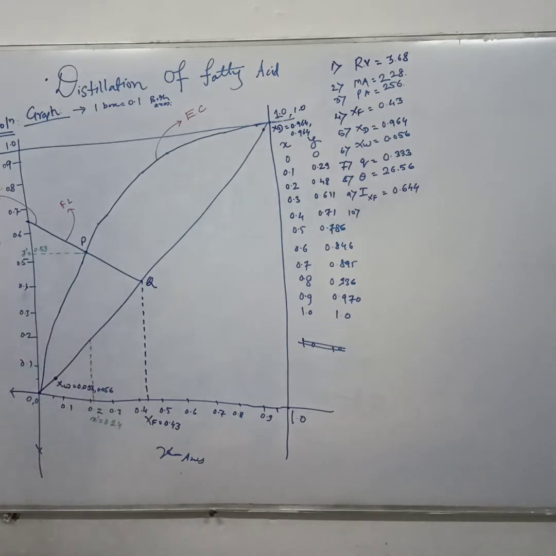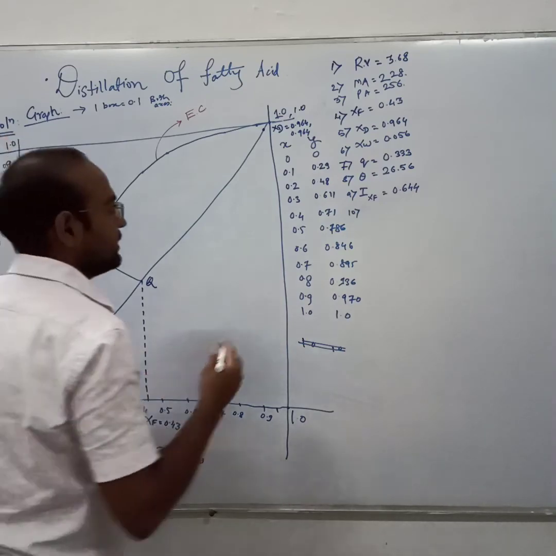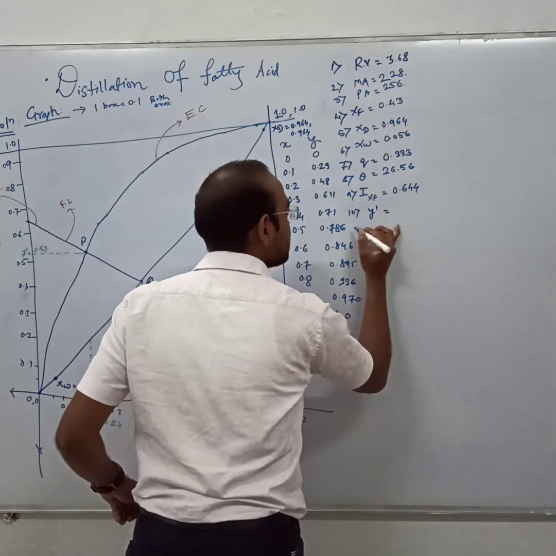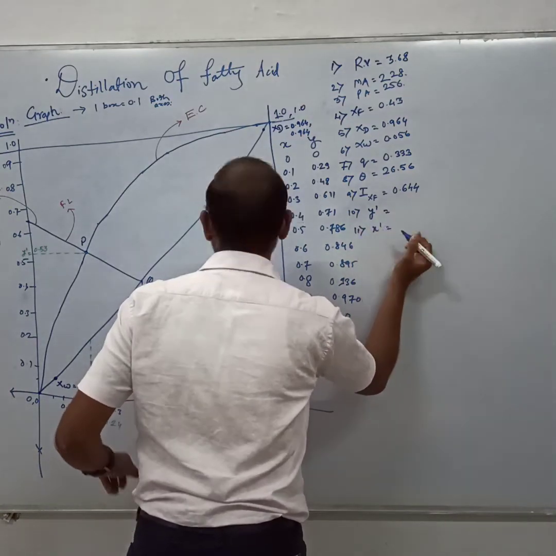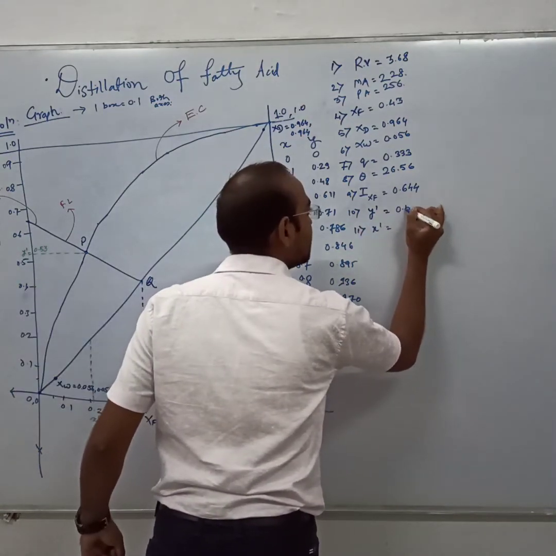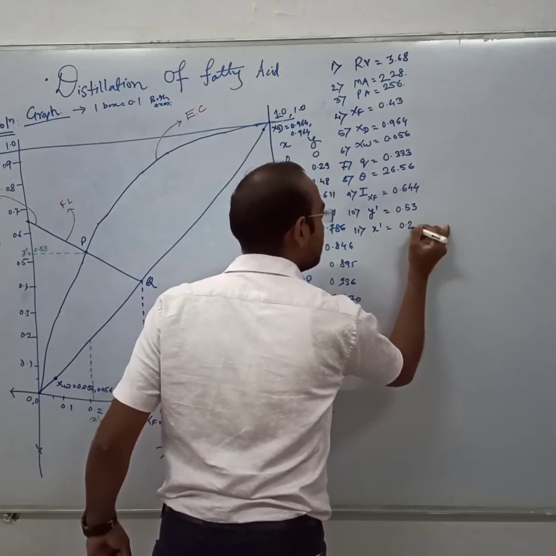When I solve this numerical in my graph copy, I get y dash equals 0.53 and x dash equals 0.24. Now two more values are added, that is y dash and x dash.